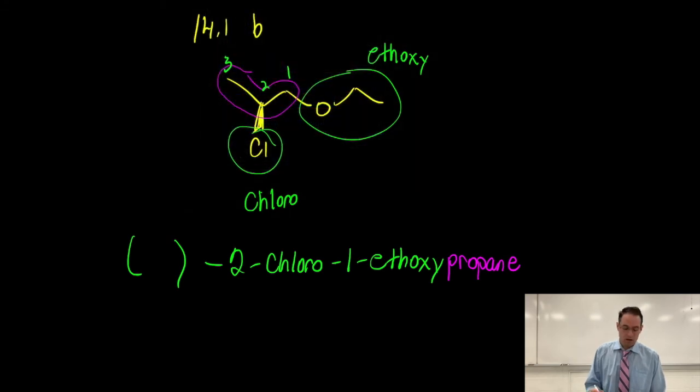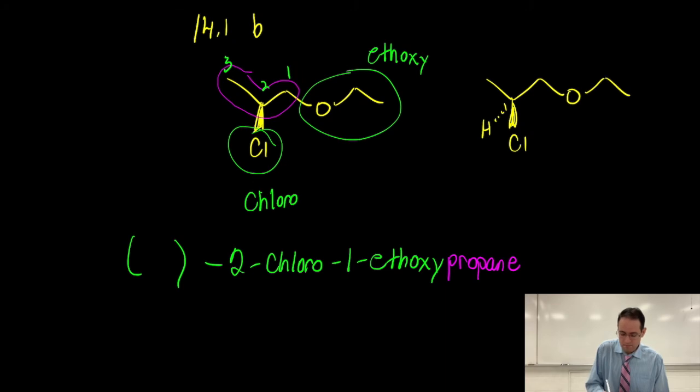So is this R or S? Now, I don't have time to review stereochemistry, but what we do is you draw in the missing hydrogens on the stereogenic center, and you prioritize things, okay? So chlorine has the highest priority, hydrogen has the lightest priority, and then we've got 2 carbons that tie, all right? The one on the left has 3 hydrogens attached to it. The one on the right has 1 oxygen.